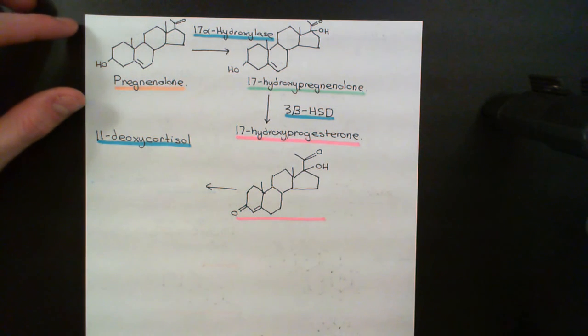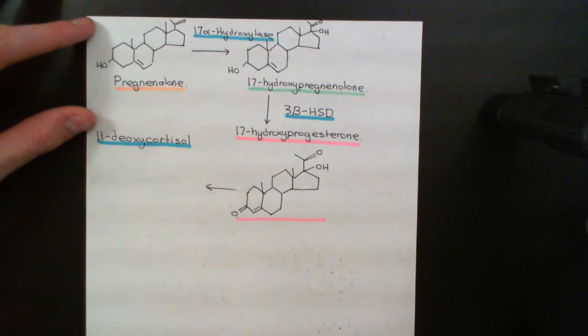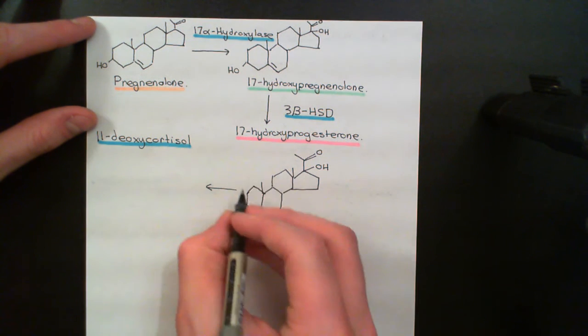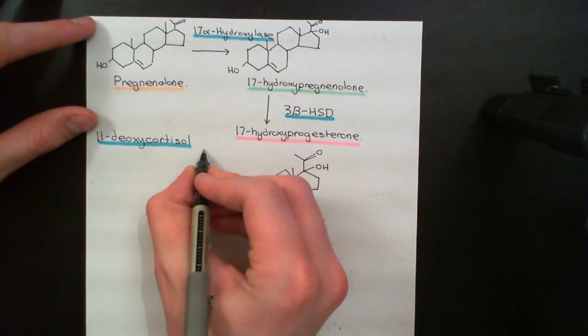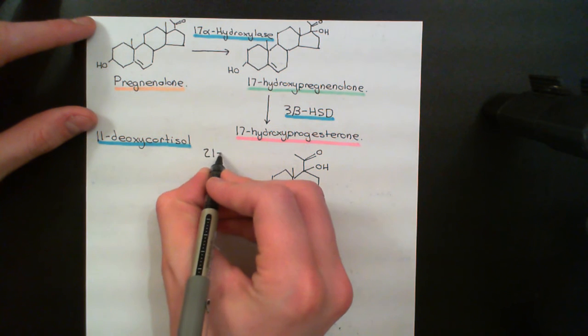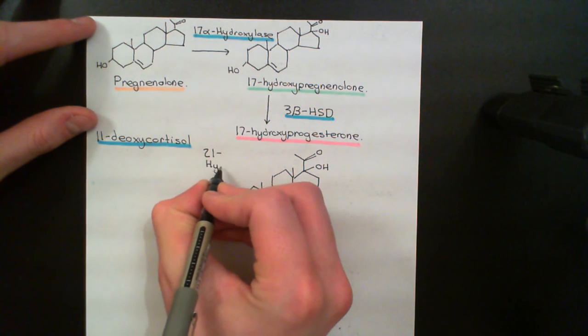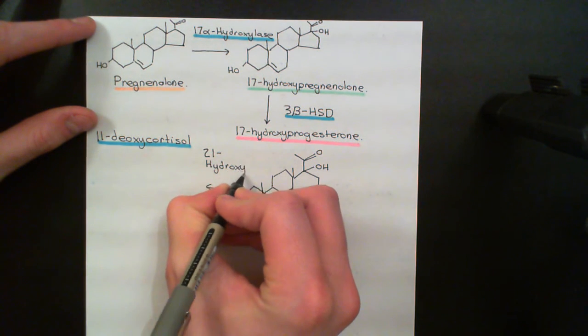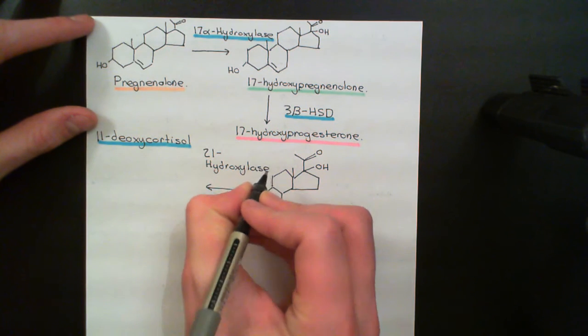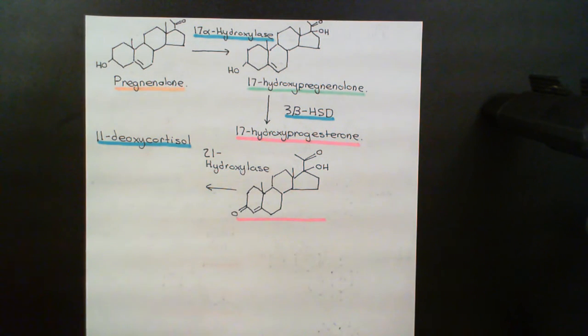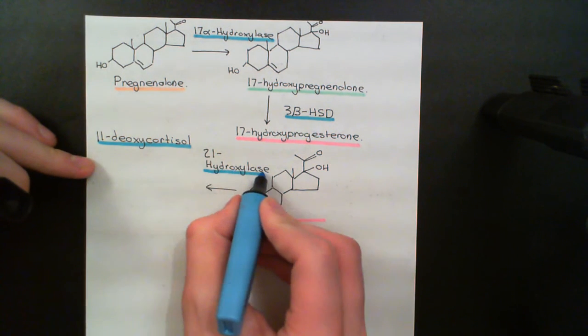Okay, right, so 11-deoxycortisol, where are we going to add our next alcohol group? Well, I'll tell you the name of the enzyme that's going to perform the conversion, and that will give you a clue. The enzyme that is going to catalyze this is called 21-hydroxylase, and that tells us everything we need to know. It's going to stick on an alcohol group onto carbon-21.